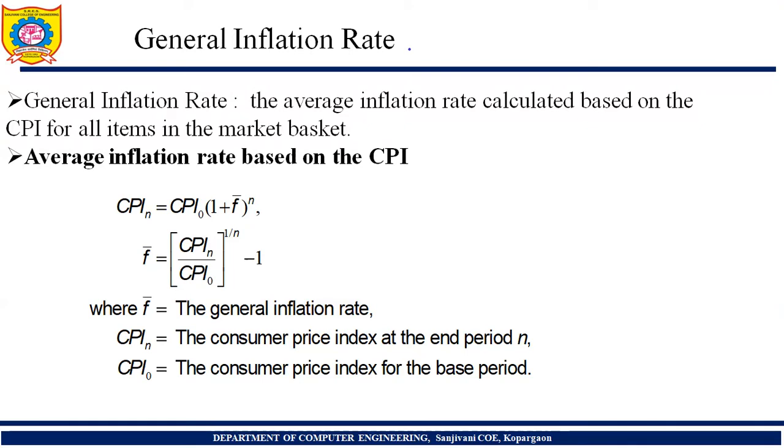The average inflation rate is calculated by using the formula f bar equals (CPI n upon CPI 0) raised to 1 by n, minus 1. Here f bar is the general inflation rate, CPI n is the consumer price index at period n, and CPI 0 is the consumer price index for the base period 0.